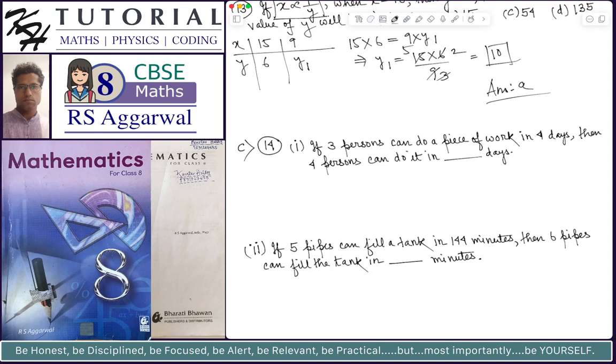So again, this is number of men, work done, and time taken, that is number of days.